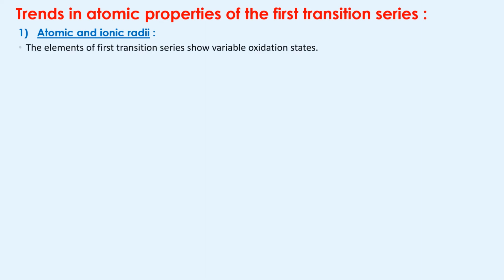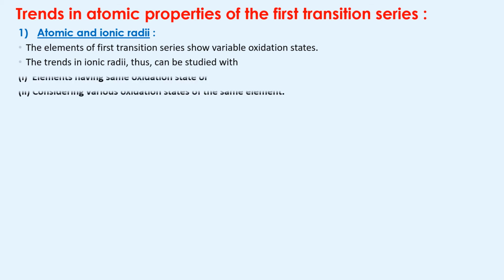Okay. Next, the elements of the first transition series show variable oxidation states, as we studied in a previous part also. So the trend in ionic radii can be studied with respect to two factors that we discussed earlier.